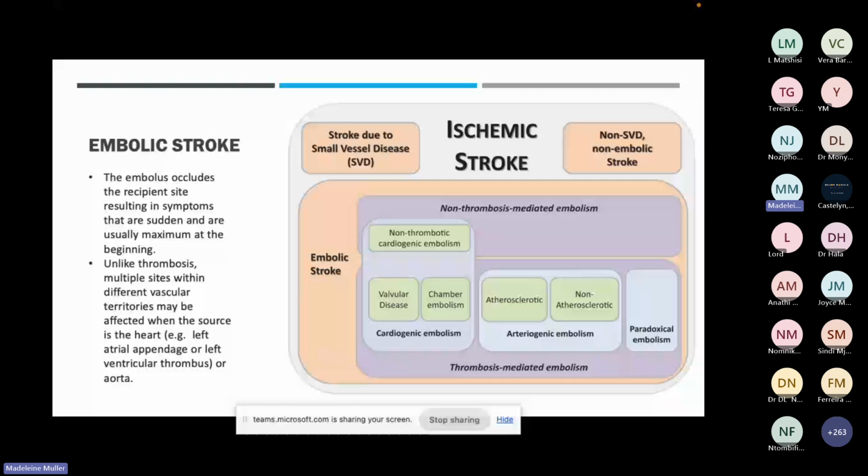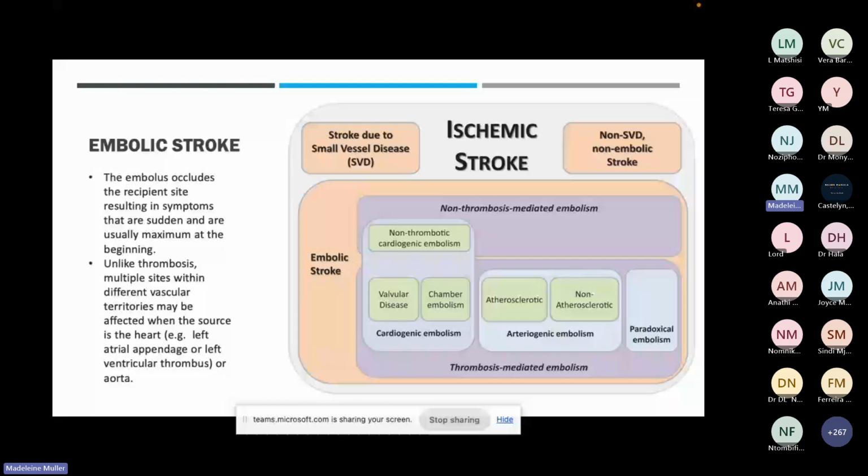So the embolus can originate from a cardiac origin, like in the case of valvular disease, or like in infective endocarditis when there are vegetations that embolize, or it can be artery to artery, like in the case of atherosclerosis.